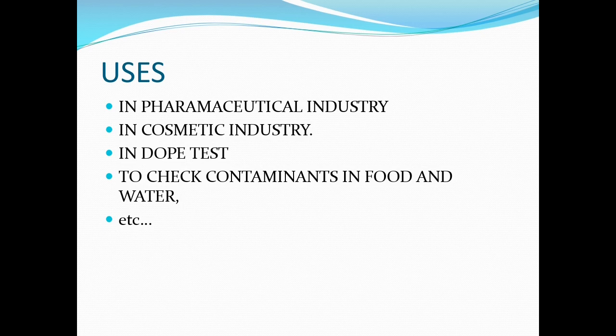Dope test means to separate drugs from the blood. In the doping test of athletes, this technique is used for the separation of drugs from the blood. Then chromatography is used to check contaminants in food and water.